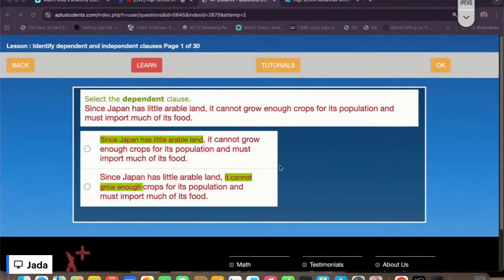Okay, let's move on to the test. You can share your answers with me if you know them. So select the dependent clause here. Since Japan has little arable land, it cannot grow enough crops for its population and must import much of its food. So is it going to be the first or second for the dependent clause?